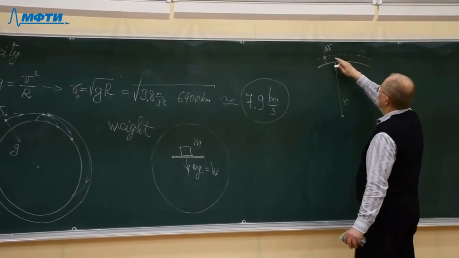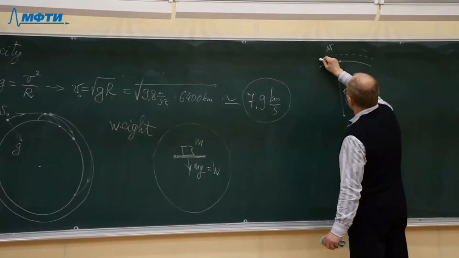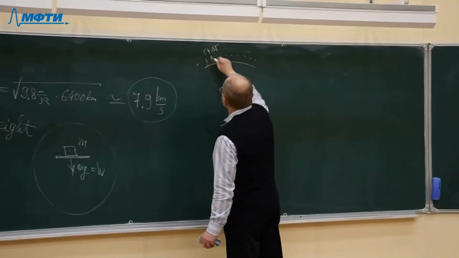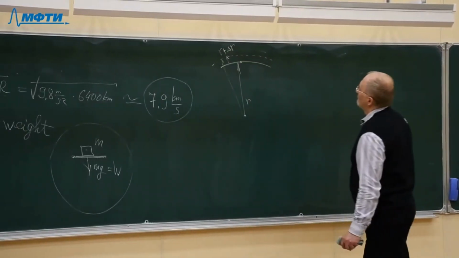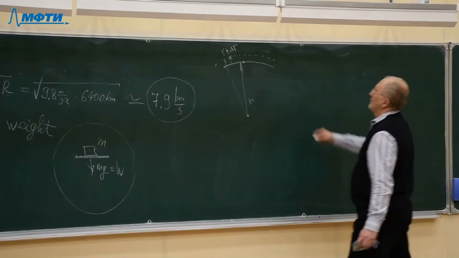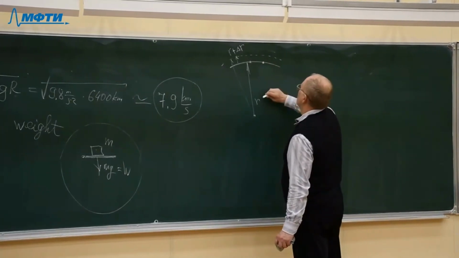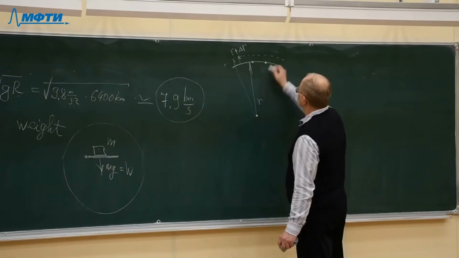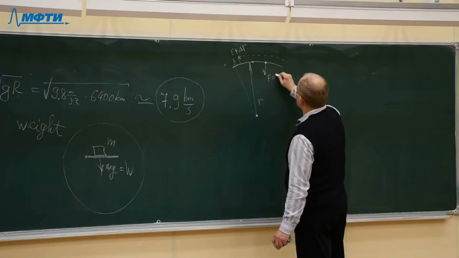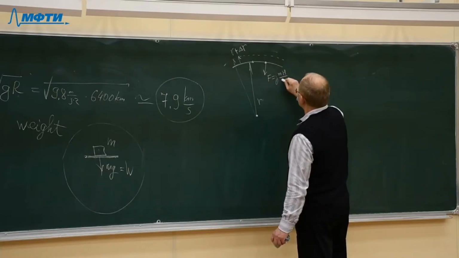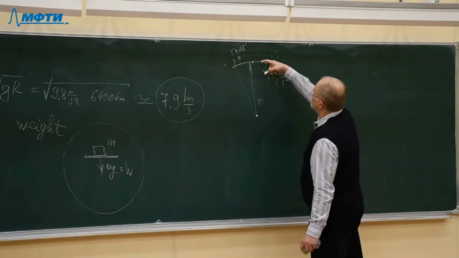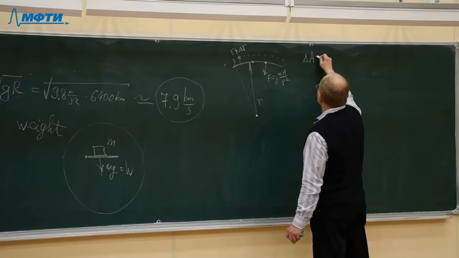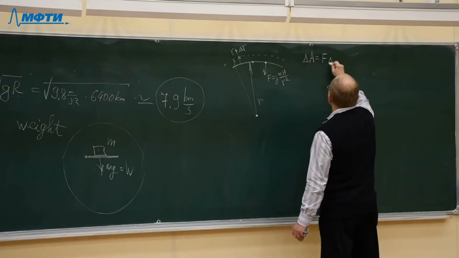So the radius of this orbit will be r plus delta r. Any object here at this distance from the gravitational center will experience a force of universal gravitation. And if we move the body upward a little bit, we will have to perform some work. And the work is F delta r.